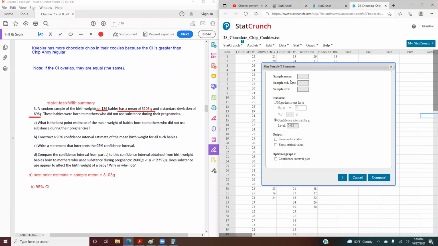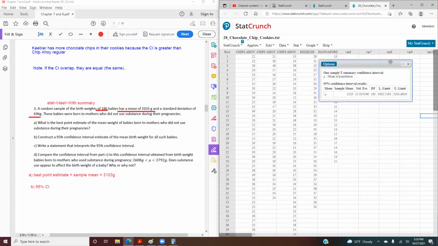So the sample mean in this case will be 3103. The sample standard deviation is 696. The sample size is 186, and we are looking for the 95% confidence interval. So you just hit compute.